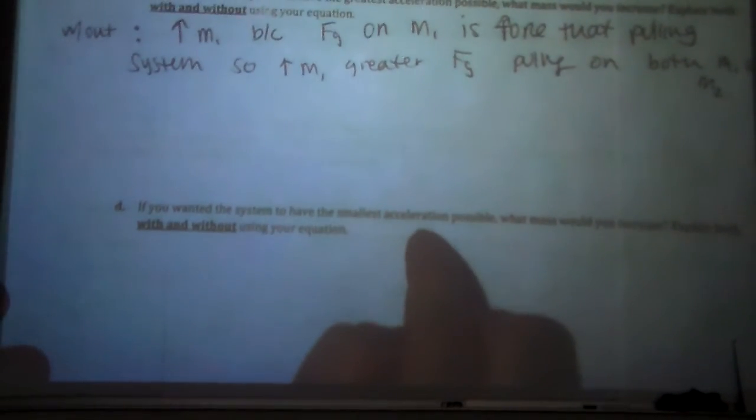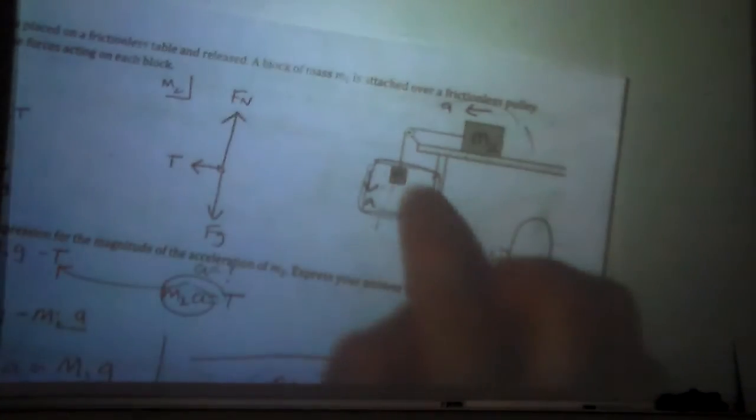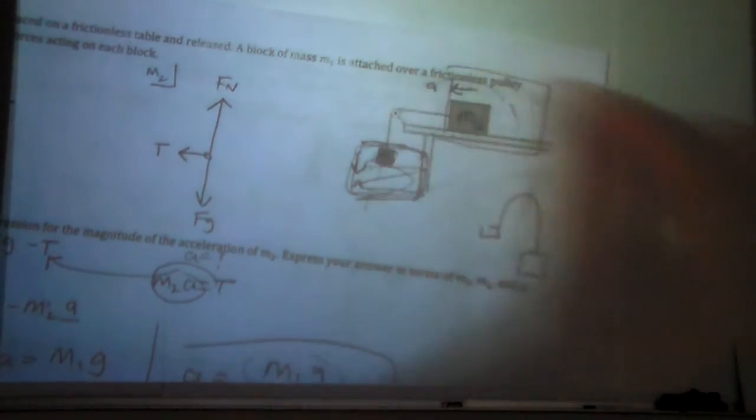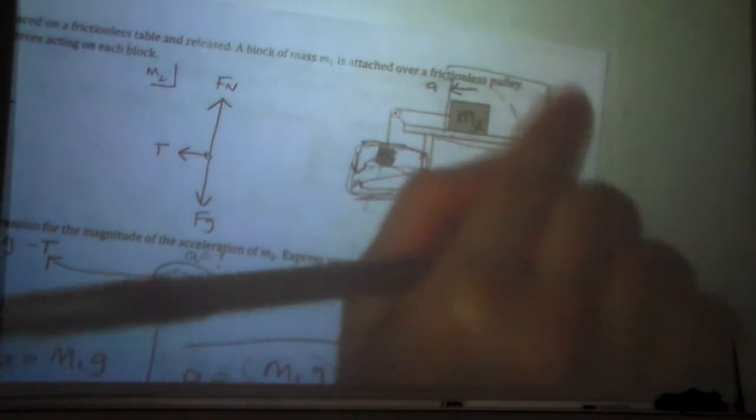So now let's talk about smallest acceleration possible. If you want the smallest acceleration possible, then you don't want a big mass here, you want a small mass here, and you'd have a huge mass here. Although it's not pulling against it, it's not counteracting the weight, it is just providing more mass to pull, making it harder to pull.